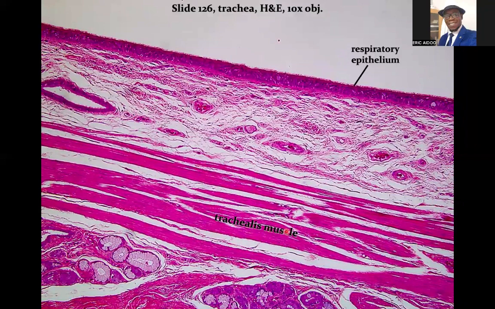So trachealis muscle. We are still looking at the trachea, respiratory system. You can see the pinkish nature. And then you can also see some basophilic, or hematoxylin color, blue and blue-black, within this respiratory epithelium because there are nuclei there.